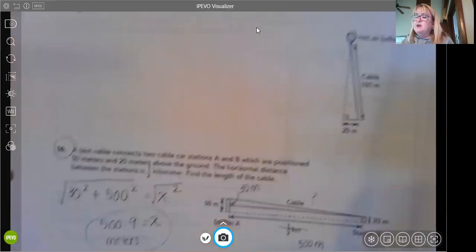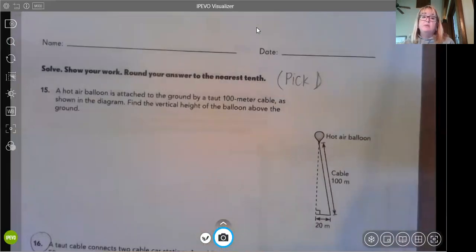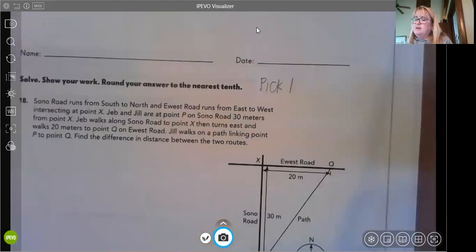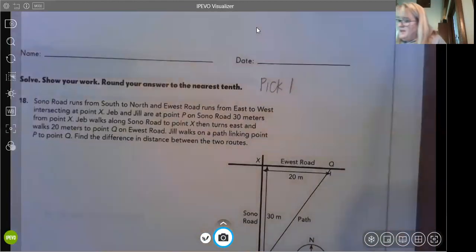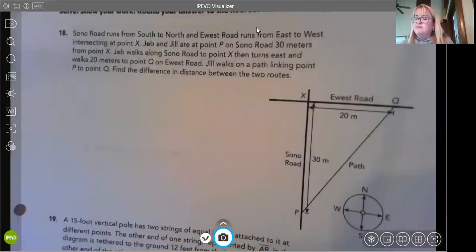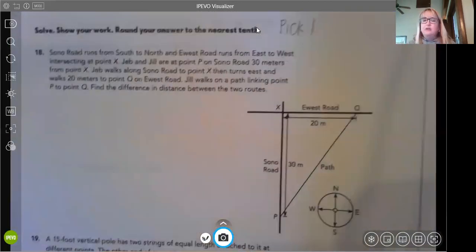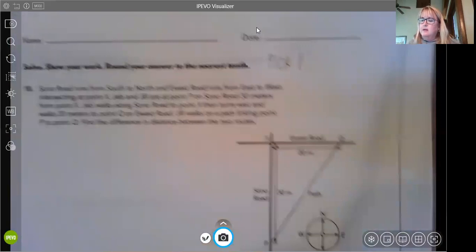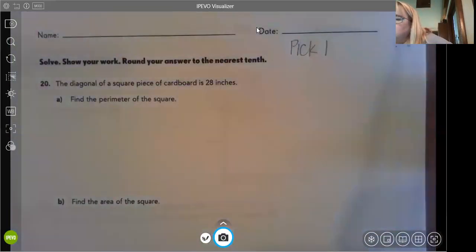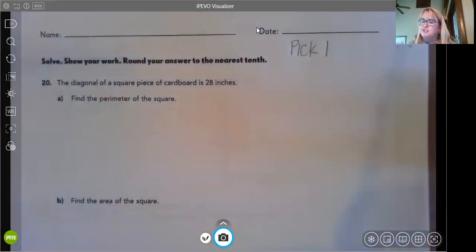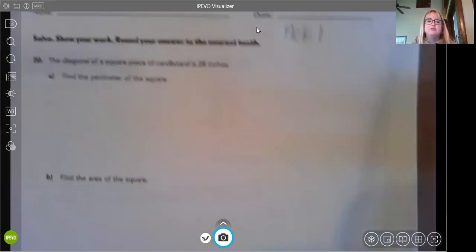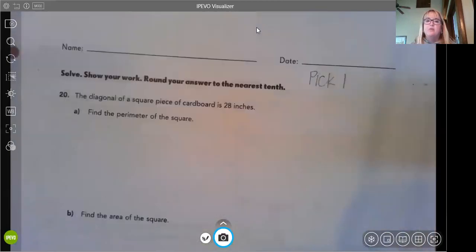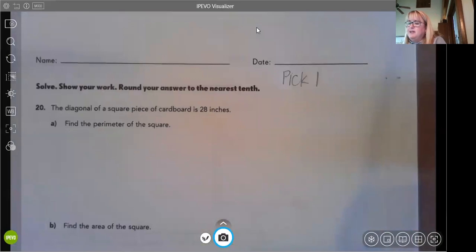All right, so on this page, you need to pick one of the other two to do, so either 15 or 17. On page 5, you have 18 or 19. You pick either one. On page 6, we've got 20 and 21. I want you to pick one there. Page 26, pick one.